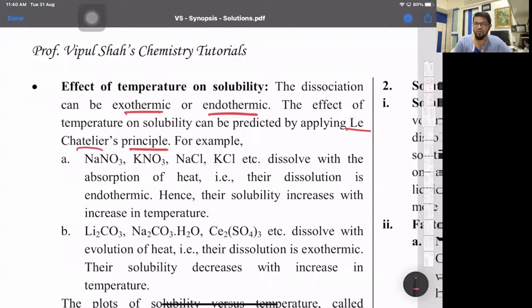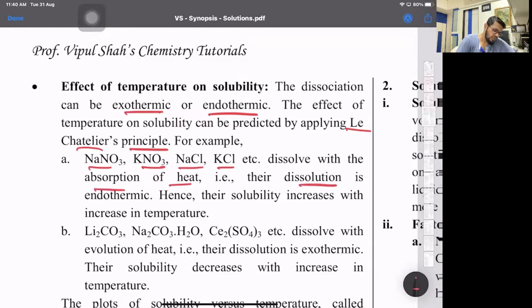That was Le-Chatelier's principle. Now, all this depends upon three interactions. Effect of temperature on solubility will depend upon the solute-solute interaction, solvent-solvent interaction, and third, solute-solvent interaction. So depending on the interactions, we will have the solubility part. Sodium nitrate, potassium nitrate, NaCl, KCl dissolve with absorption of heat.